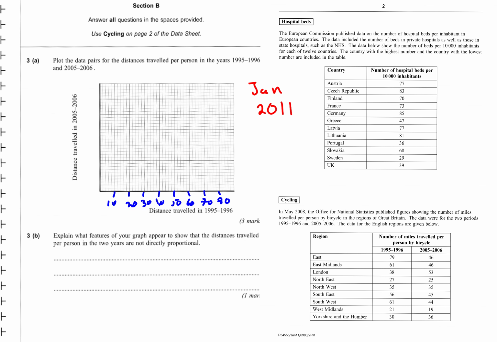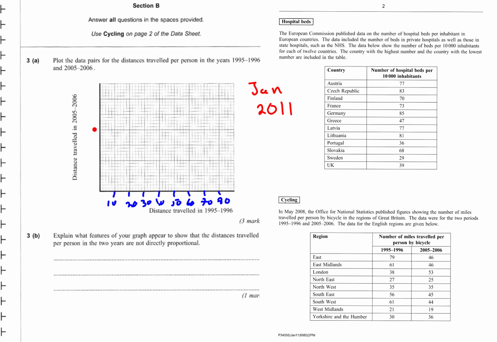Another thing you have to know when you're using scales is that when you decide how much you're going to go up by, it should be equal. So for an example, for this axis here, the 1995 one, I know that I have to go up in tens. Now if I go up in tens, 10, 20, 30, 40, 50, 60, I can't use that because I have to go up to 80.